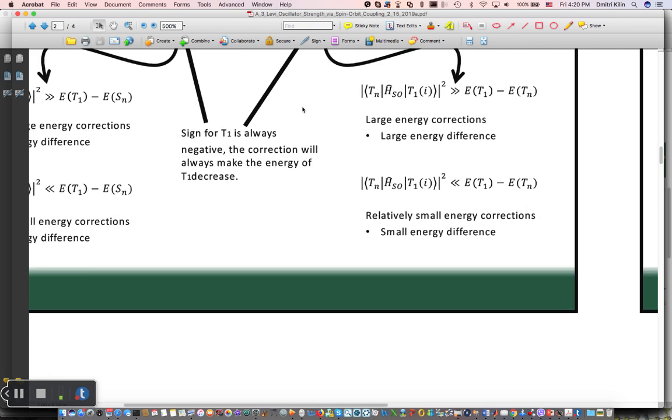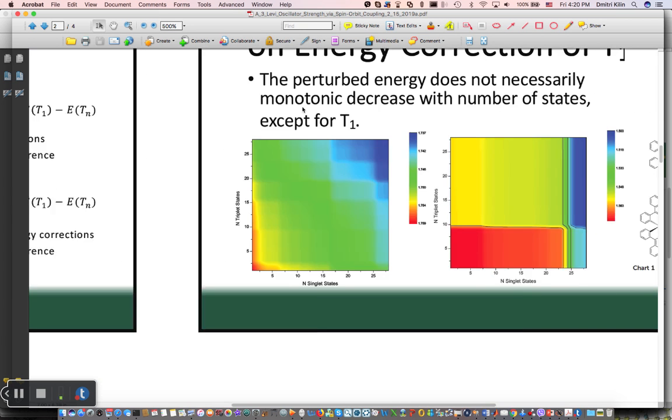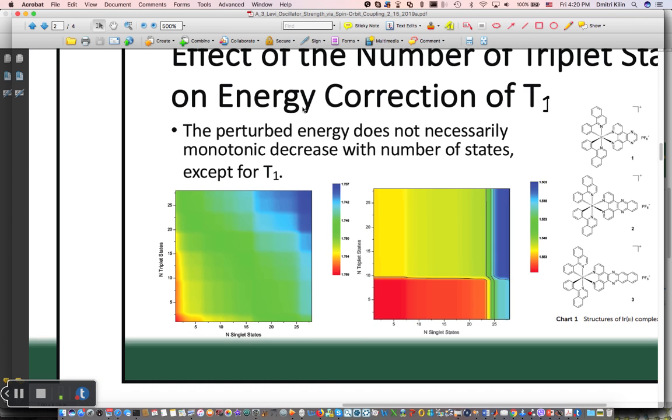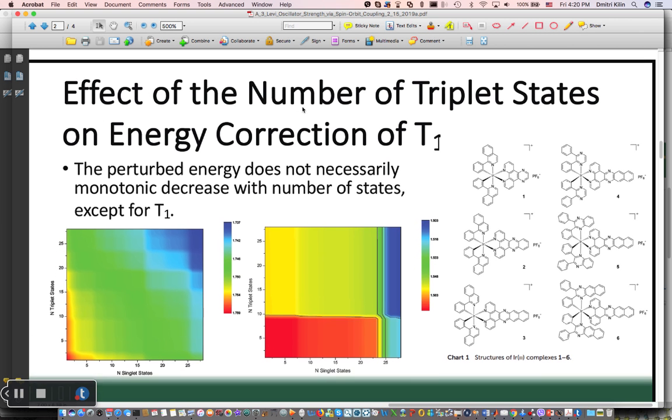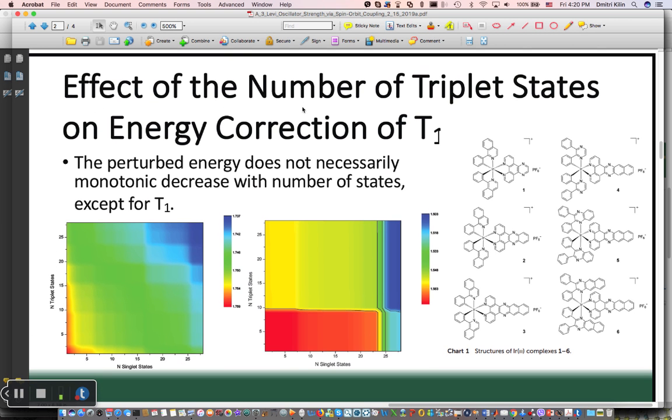And the reason I put this up in a contour plot is the energy should monotonically decrease. Because if we look back at our formula, this energy difference is always negative, this energy difference is always negative, and when you add negatives, you don't become positive. So it has to monotonically decrease.